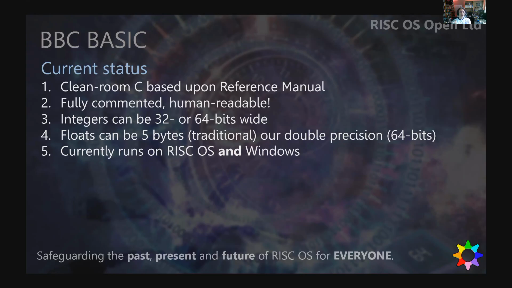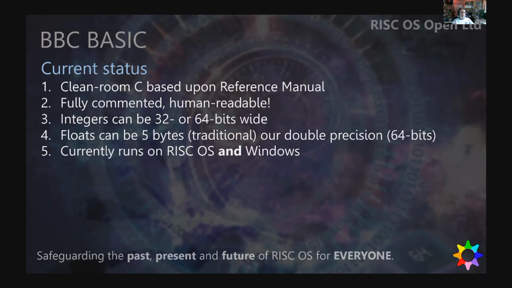So I think a much cleaner approach is to look at the intent of the language as written in the manual, and see its actual behavior, and then think, what is the best way to make that happen by implementing it in C? And the other thing is, how do I make that happen in C in a way that someone else could walk along later and read the same code and go, oh, I see how that works.